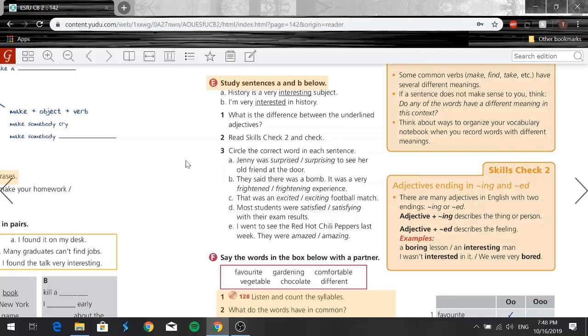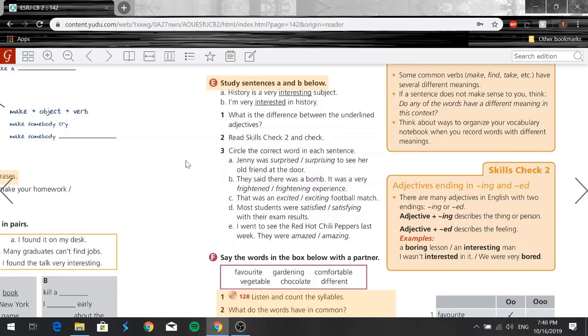But when we add ed to an adjective, we're describing emotion or feeling. For example, a boring lesson, an interesting man, right? Well, here we're describing something. So in this case, the lesson or a person, so an interesting man. I could also say, I wasn't interested in it.